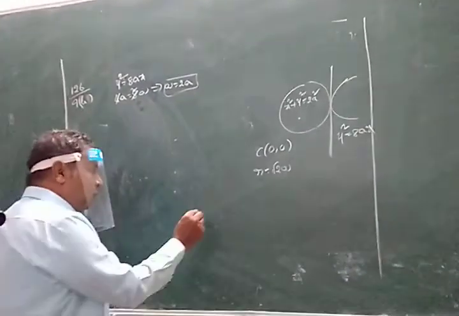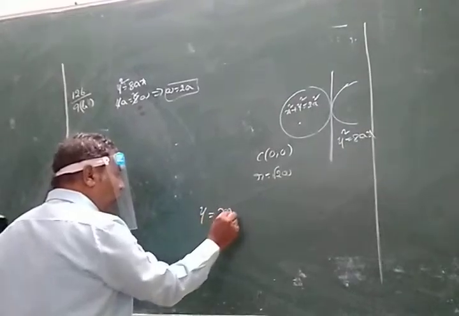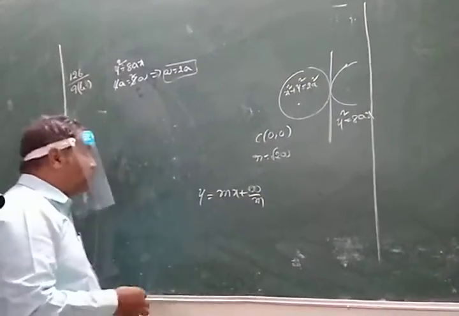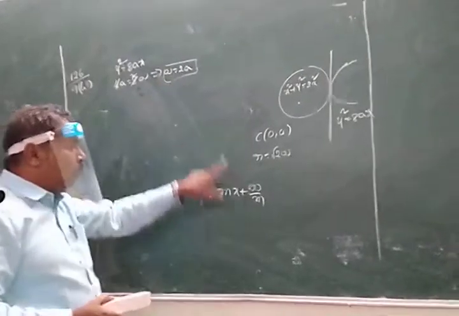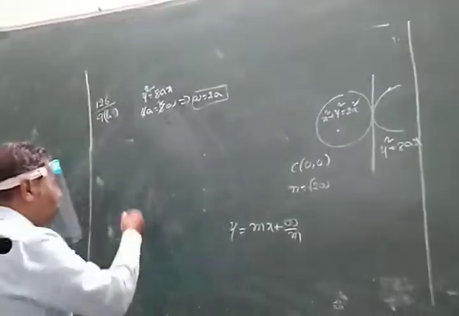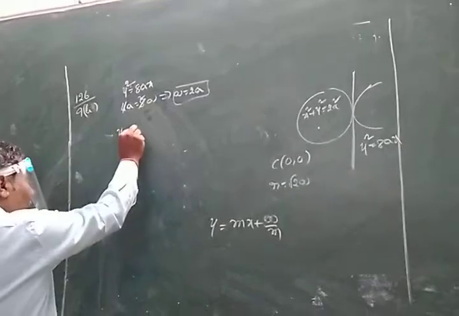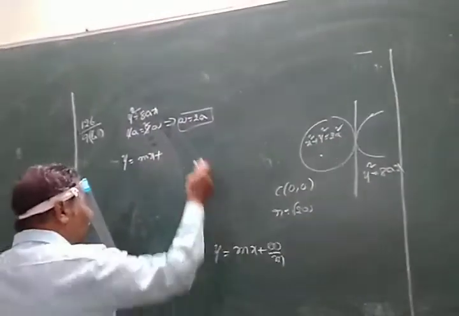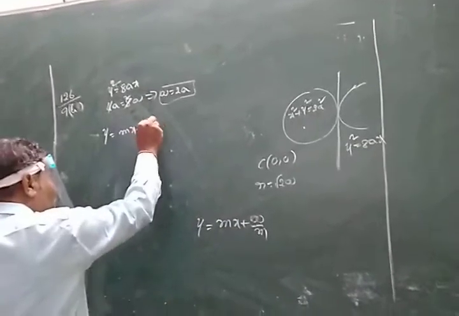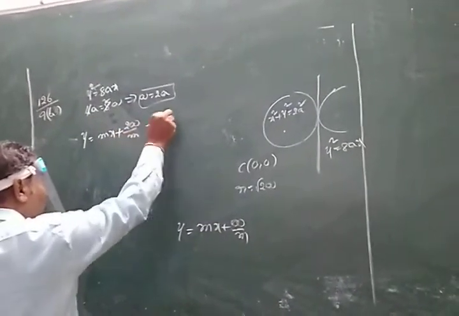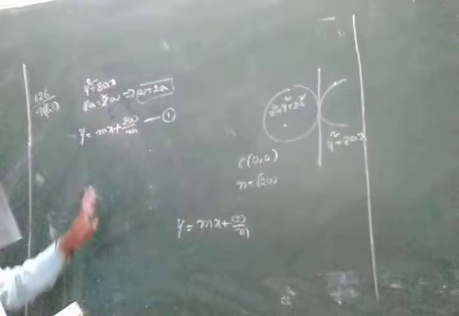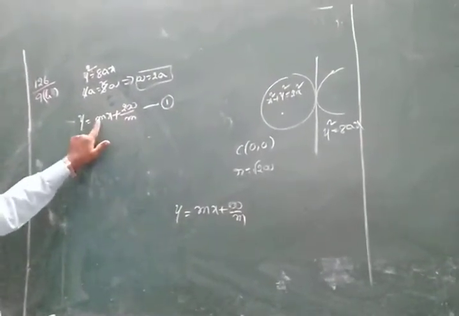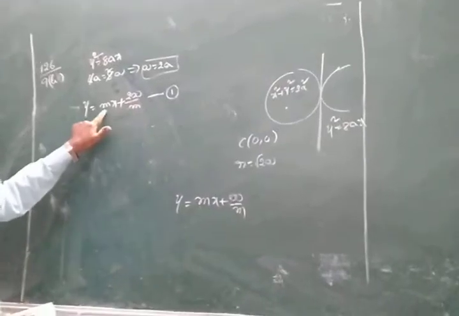What is the slope form? y equal to mx plus a by m. Given a value is 2a, so y equal to mx plus 2a by m. We want this answer, then we calculate the value of m.